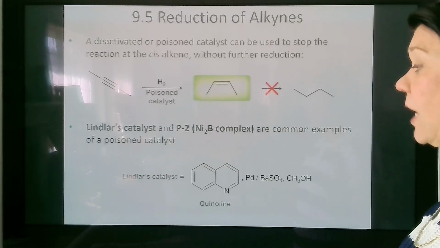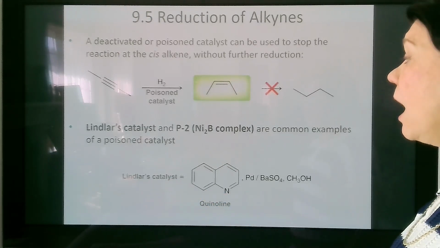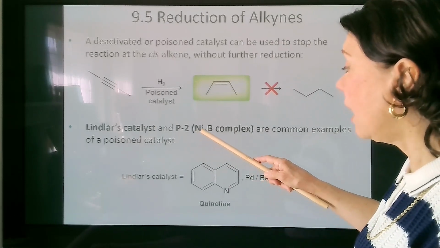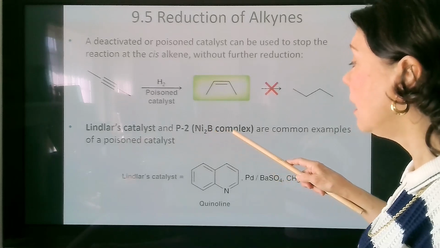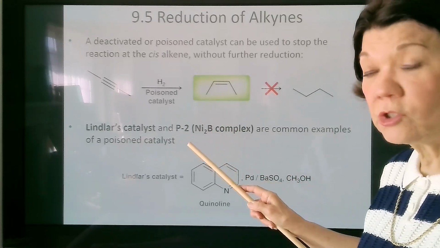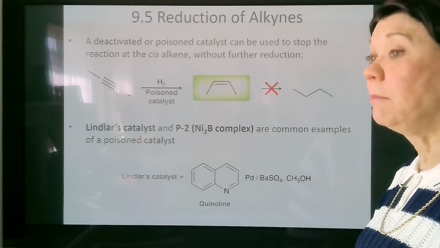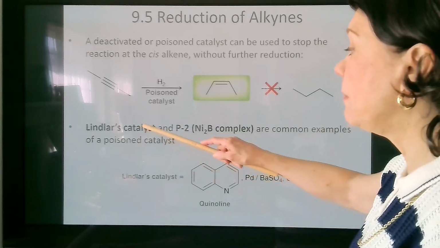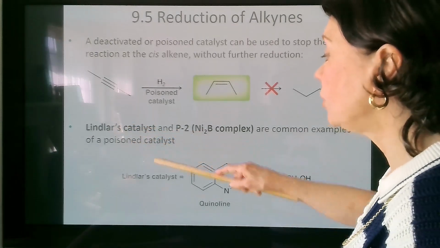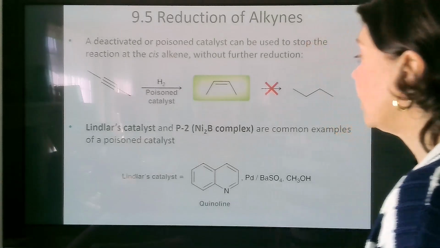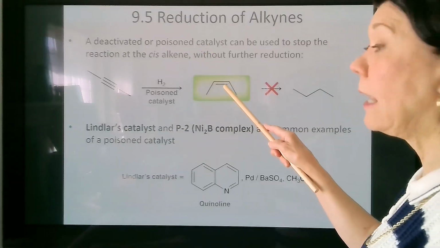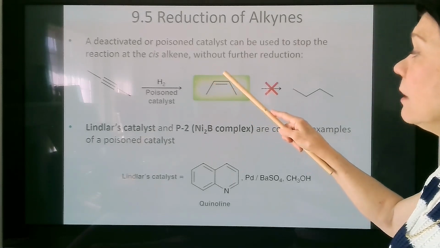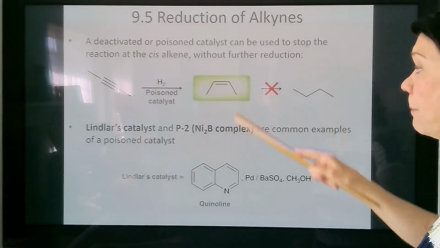There are multiple examples: Lindlar's catalyst, and this nickel boride complex is another poisoned catalyst. By poisoned, they mean weakened catalyst. You don't need to get too much into that, but just remember that when you see a poisoned catalyst or Lindlar's catalyst, it's going to stop at the alkene. You're not going to add another equivalent of H2 across this pi bond.